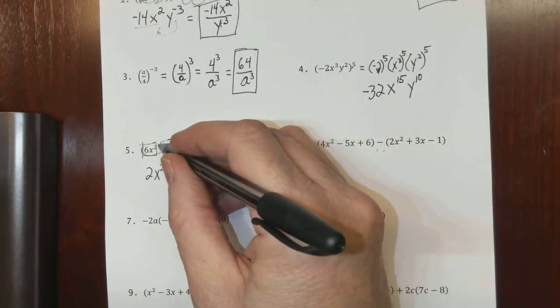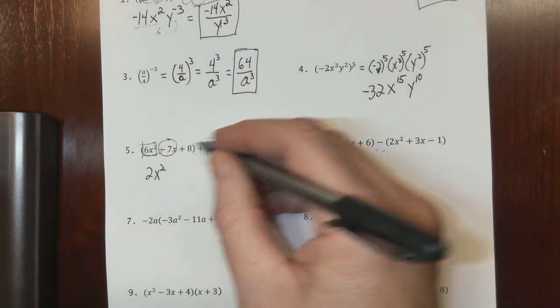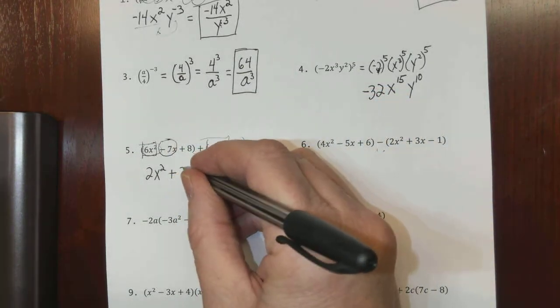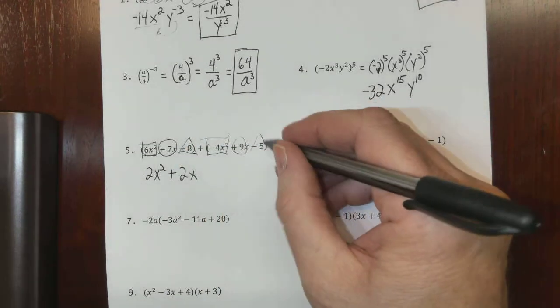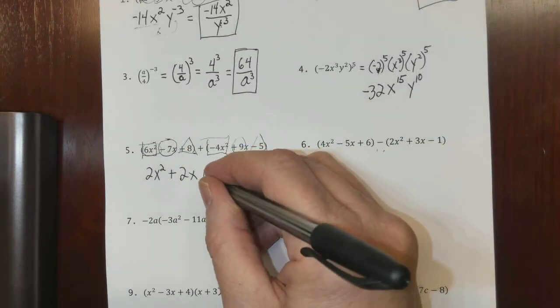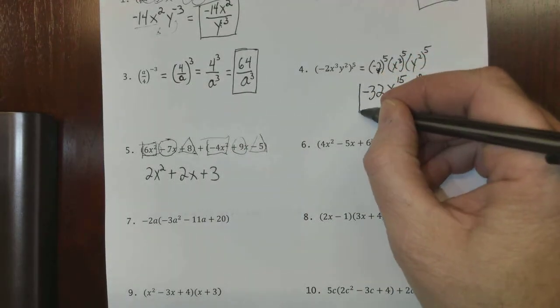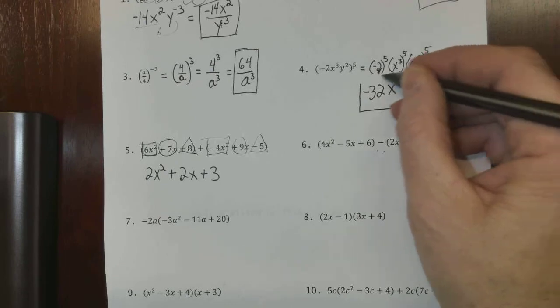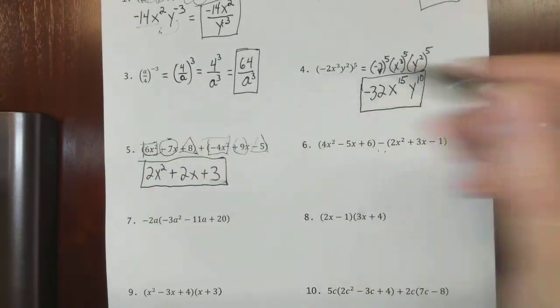The negative 7x, I'll circle that, negative 7x and positive 9x. Negative 7 plus 9 is positive 2x. And the constant, the plus 8 and the minus 5, that is plus 3. I didn't box this one, did I? Let's do that here. And I'll put a box around here for that one.